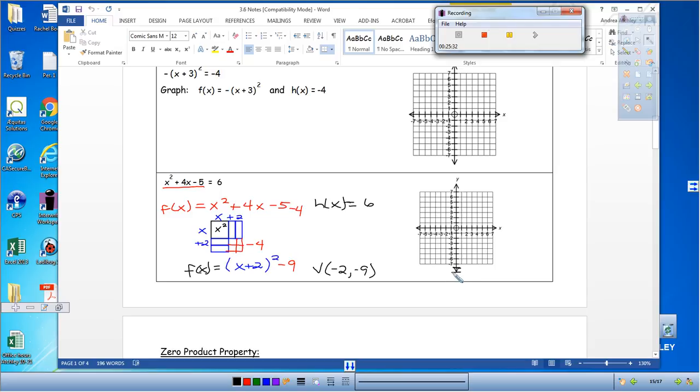Sorry, guys. Then I'm going to use my a value. My a value is right here. It's 1. So I'm going to go a over 1, and then 3a over 1, and then 5a over 1.